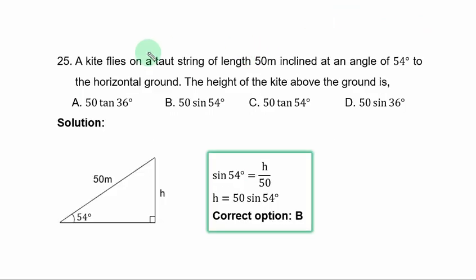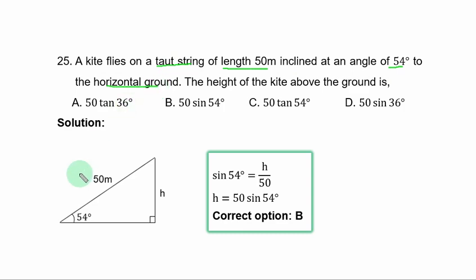Question 25. A kite flies on a taut string of length 50 meters. It climbed at an angle of 54 degrees to the horizontal ground. The height of the kite above the ground is, so let's get that.